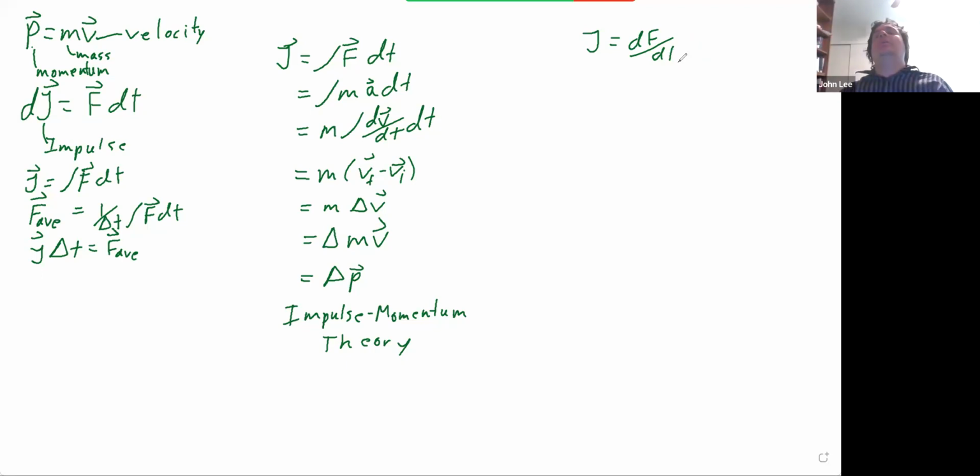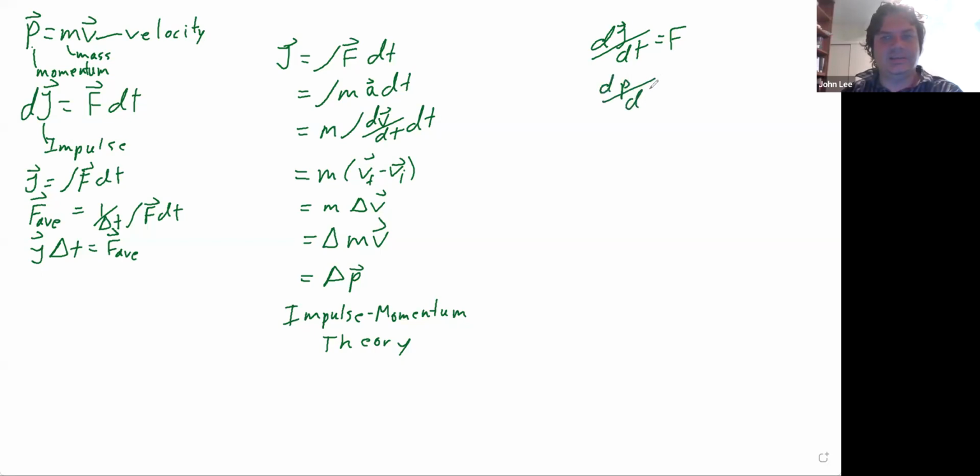I know that it needs to end up in the opposite direction. dJ/dt is equal to F. So dP/dt is also equal to F, as dJ is equal to dP.